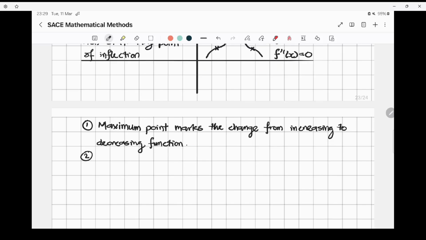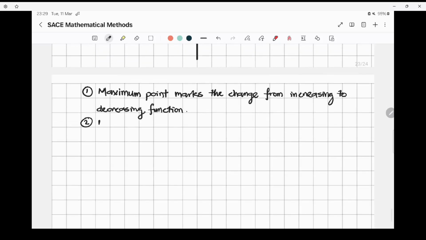Similarly, you can also define your minimum point. It is a point that marks the change from a decreasing to an increasing function.